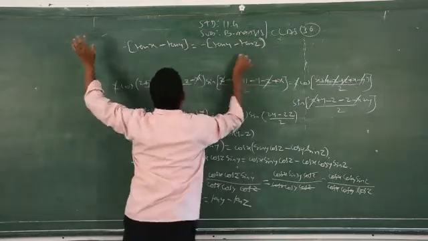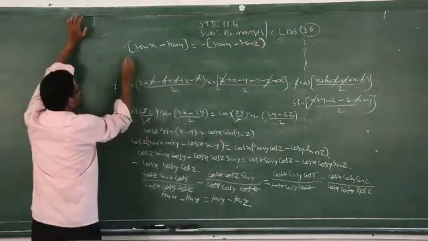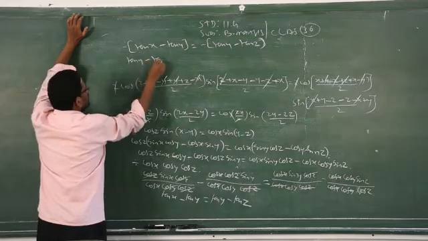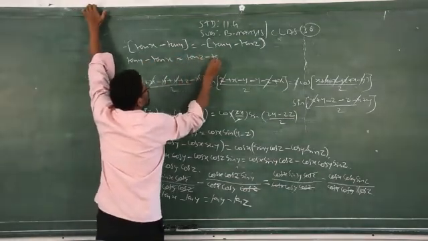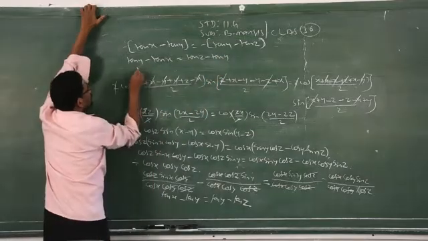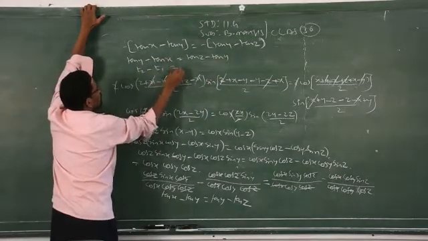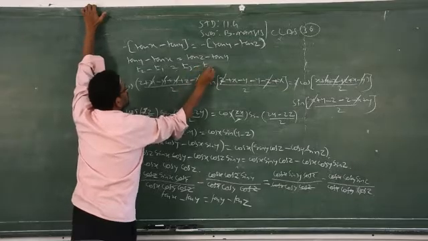So just take the minus inside the bracket, this will become plus. So tan y minus tan x is equal to tan z minus tan y. So this represents T2 minus T1 is equal to T3 minus T2.